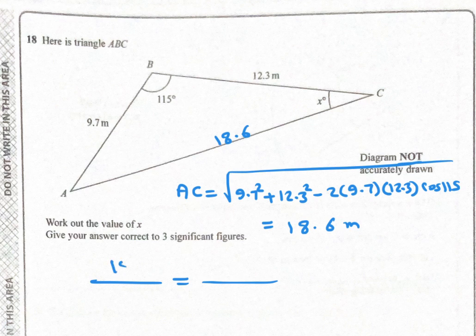So 18.6 over sine 115 equals 9.7 over sine x.